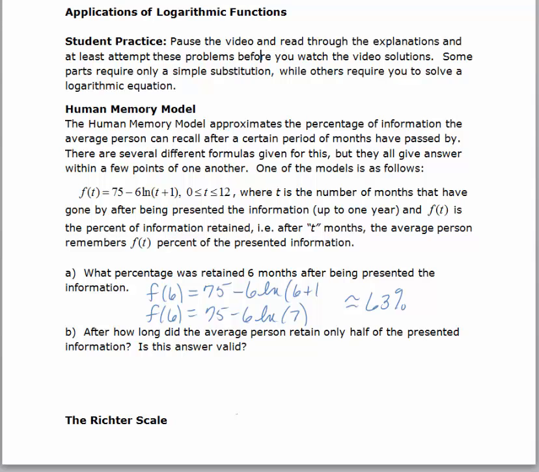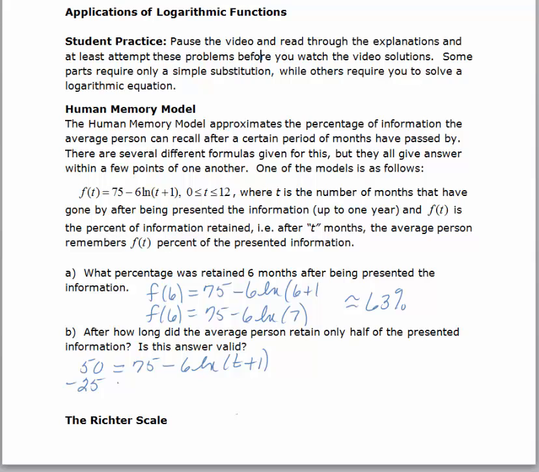And so if you're retaining half of the information presented, that's going to be 50%. And so f of t is a percentage, so we're replacing f of t with 50 is equal to 75 minus 6 times the natural log of t plus 1. We need to solve for t plus 1. We're going to subtract 75 from each side.